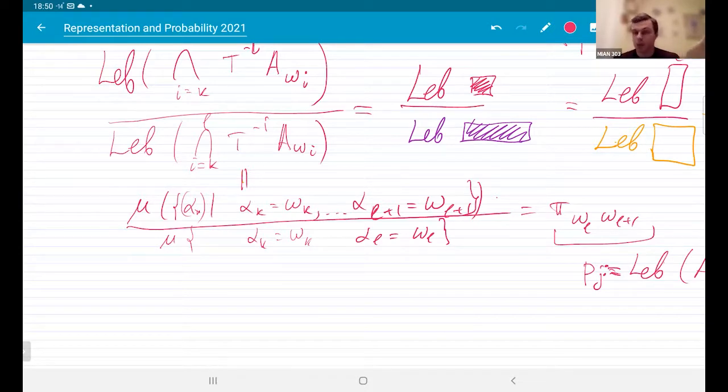One can, for example, say that some stochastic, some ergodic properties of the initial map are the same as for the Markov chain.